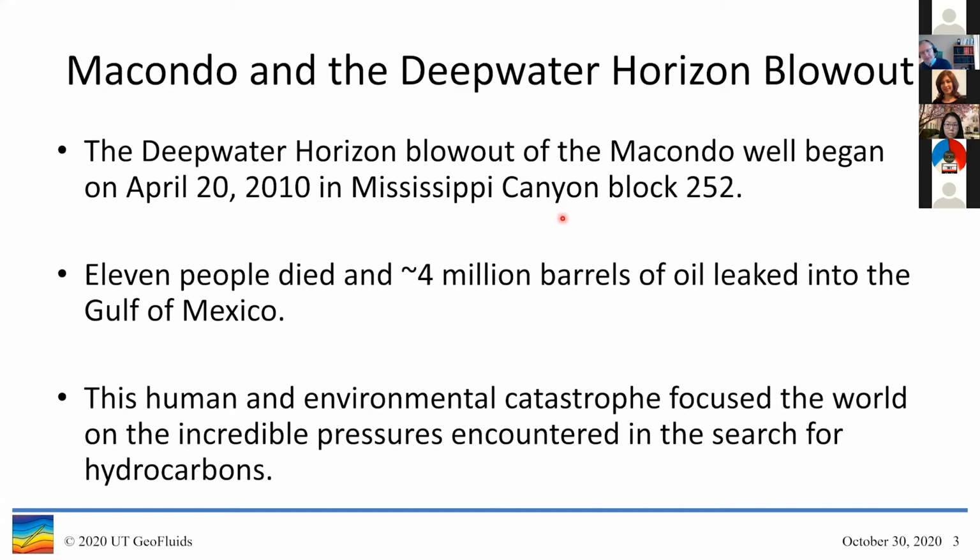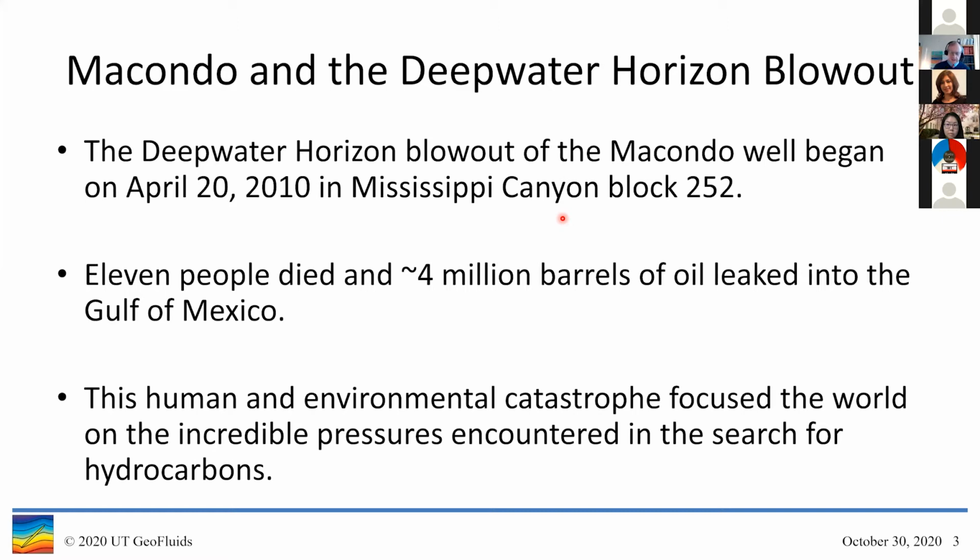This was in the news. Tragically, 11 people died, and over the ensuing 4 months, 4 million barrels of oil leaked into the Gulf of Mexico. And this human and environmental catastrophe focused the world on the incredible pressures encountered in the search for hydrocarbons.